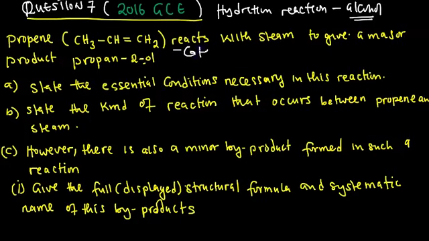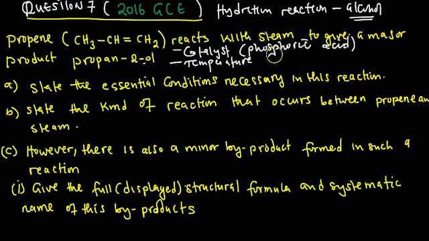One, you need a catalyst. What is the catalyst in this case? Phosphoric acid. So for hydration to occur, there should be a catalyst, which is phosphoric acid. Another condition is a temperature of about 300 degrees Celsius.